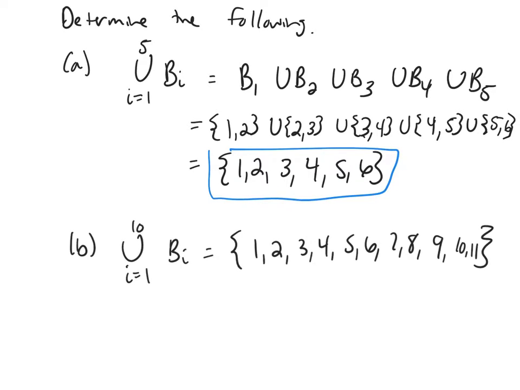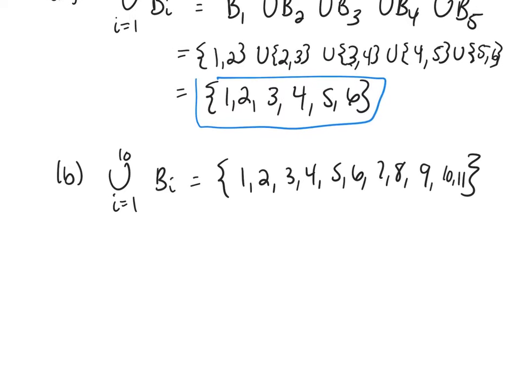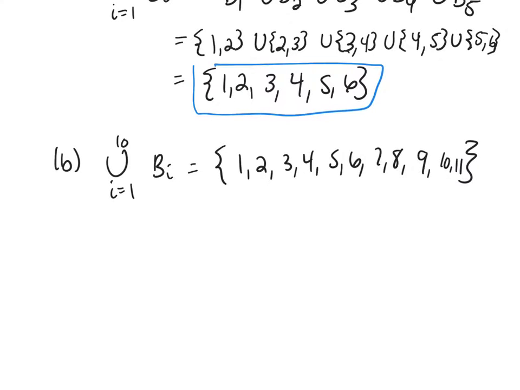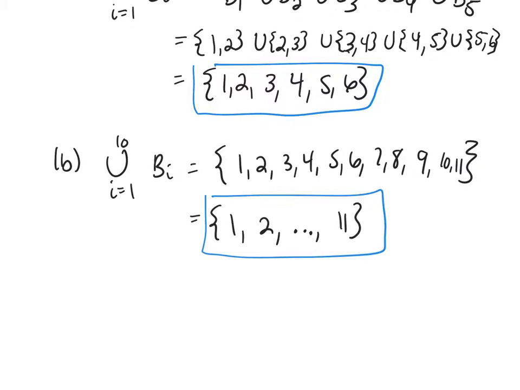You're taking the union of all of those previous sets. You're going to get the numbers 1 up through 11. You could also write this as the set {1, 2, ..., 11}. So either one of those is fine.